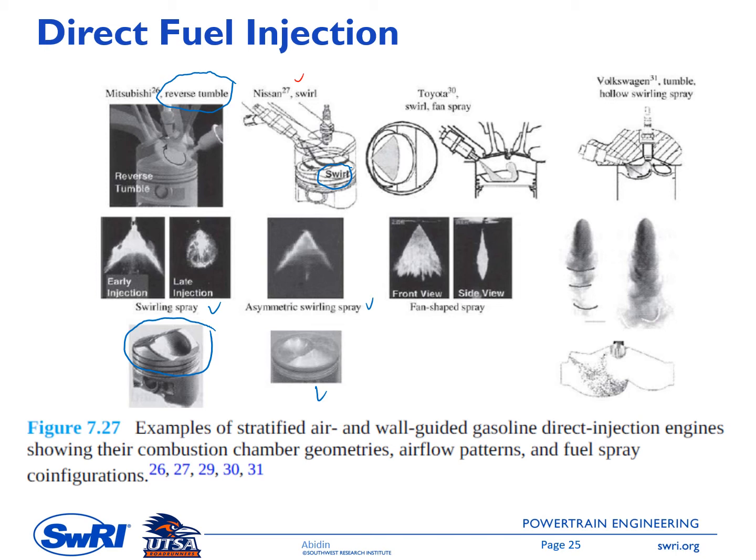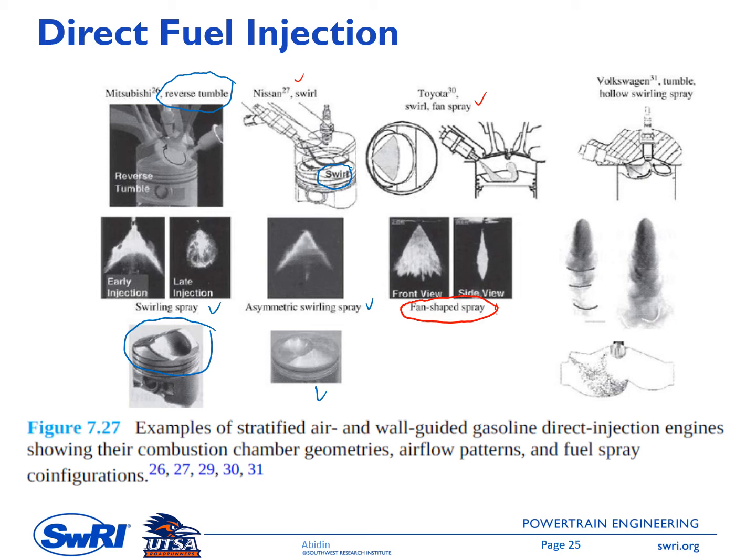And then the next one we have a Toyota. So to have a stratified mixture condition, Toyota uses a swirl and then a fan spray. So this is the schematic of the fan spray. It has a wide angle spray on one side, and on the other side it has a very narrow spray.